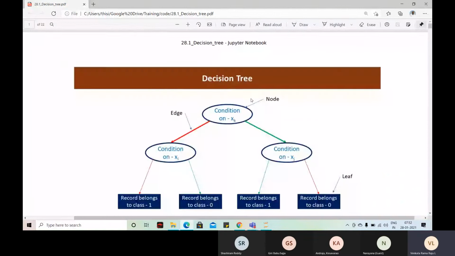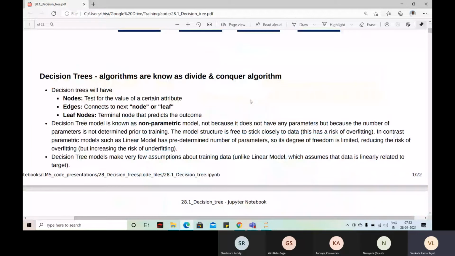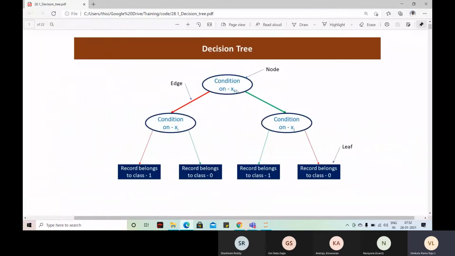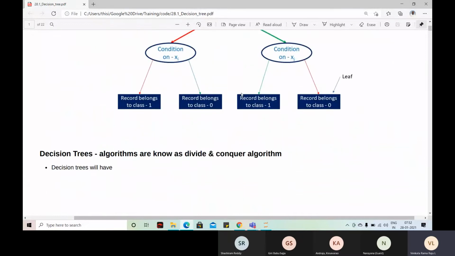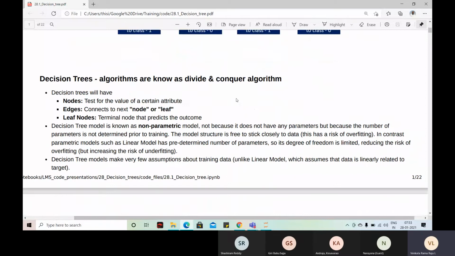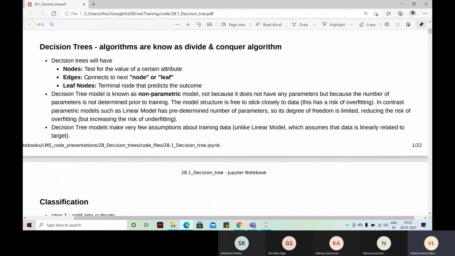So a decision tree will have nodes. These nodes test the value of a certain attribute. Attribute, column or feature are all synonyms. The test is a condition, an if condition: greater than or equal to, less than or equal to, on a particular column for a value. Then it connects to the next node or leaf.